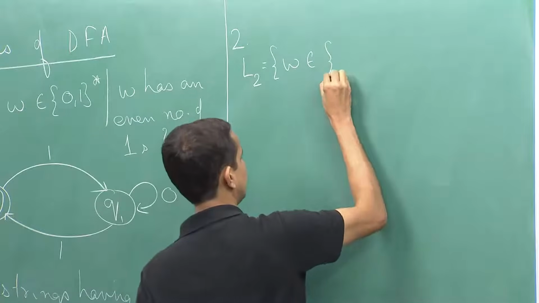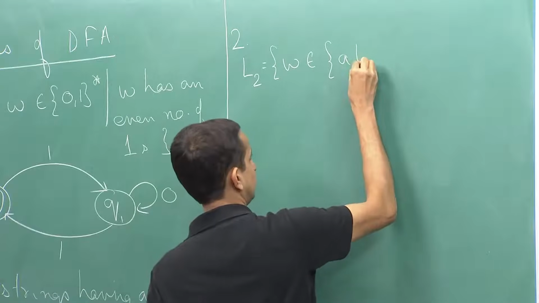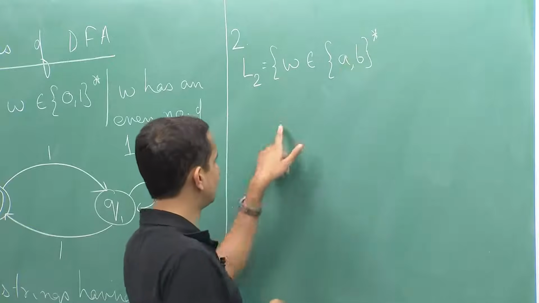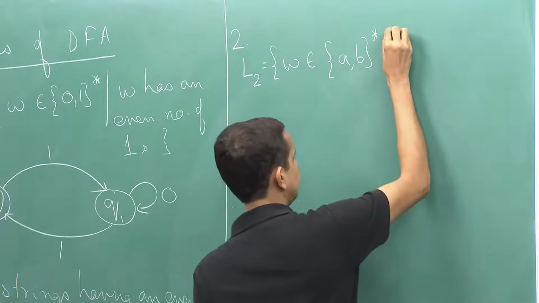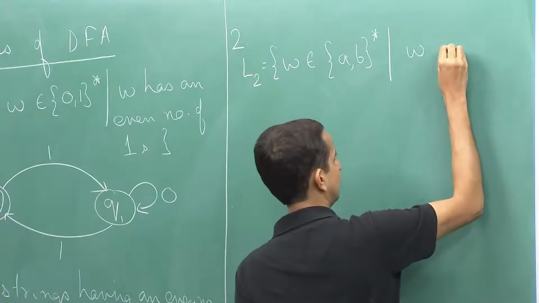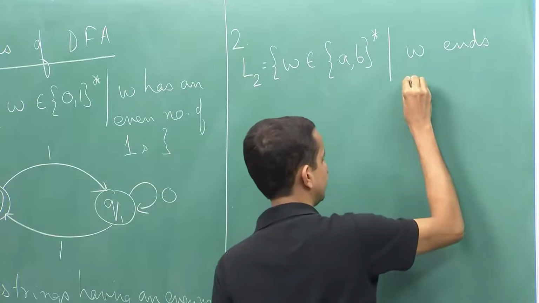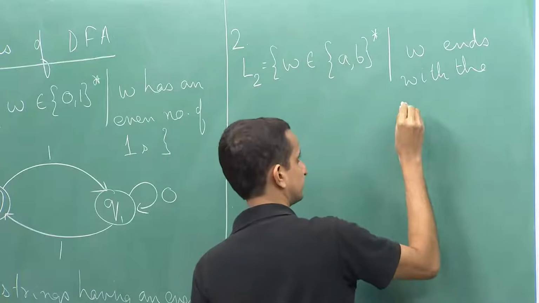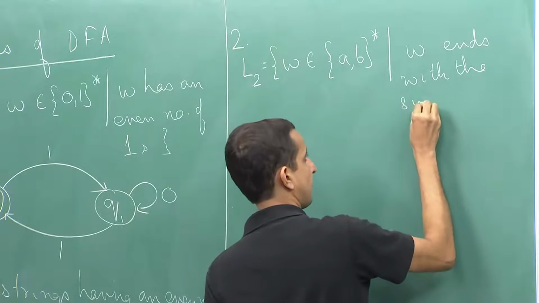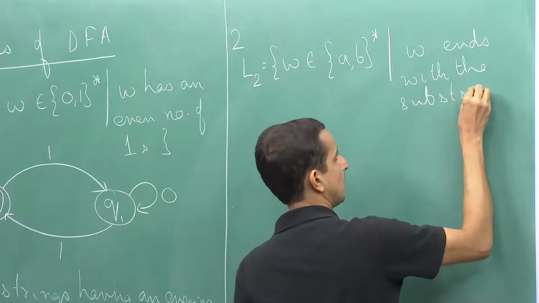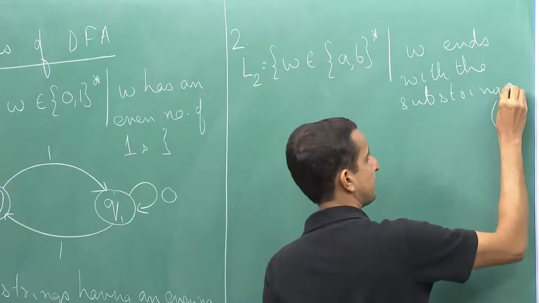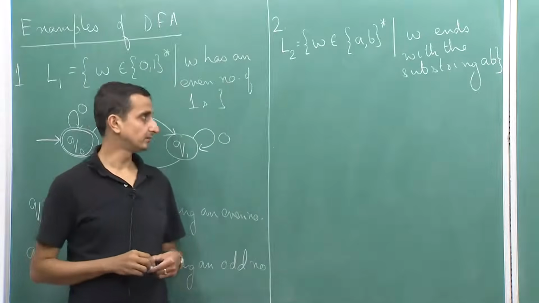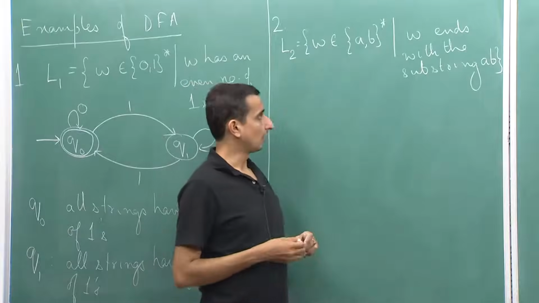So, we will take the alphabet to be the symbols A comma B. So, I look at all strings over the alphabet A B such that W ends with the substring AB. Okay. So, how do we construct an automaton for this?